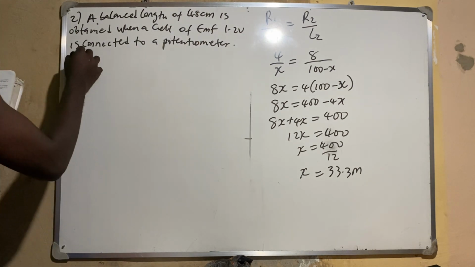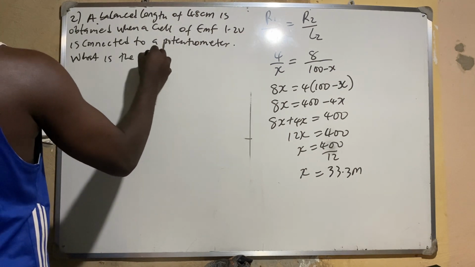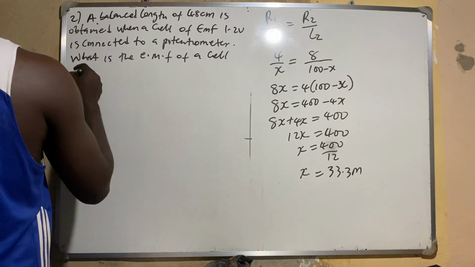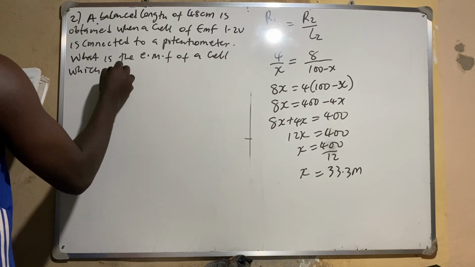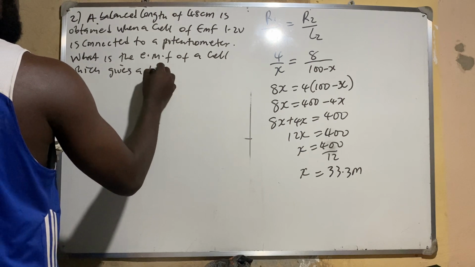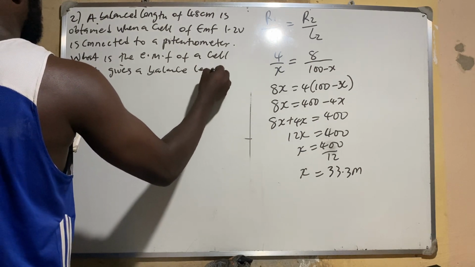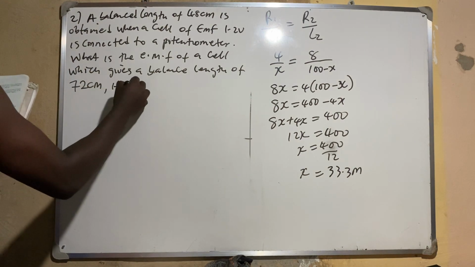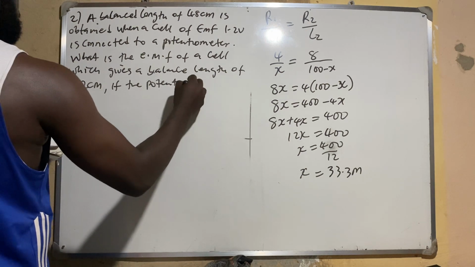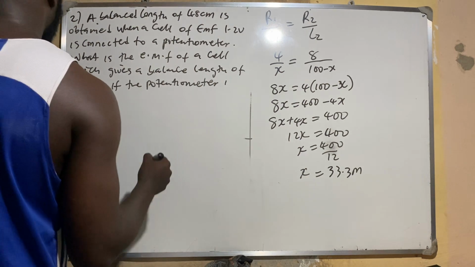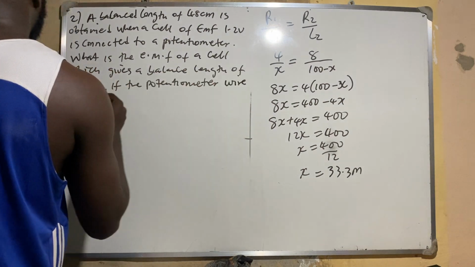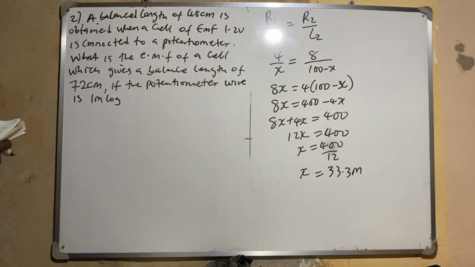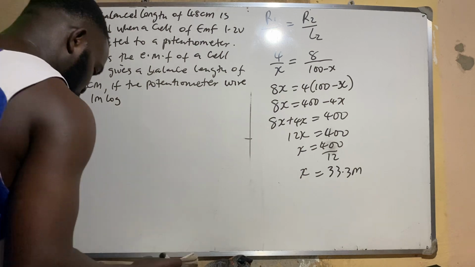Then I say what is the EMF of a cell which gives a balance length of 72 cm if the potentiometer wire is 1 meter long.